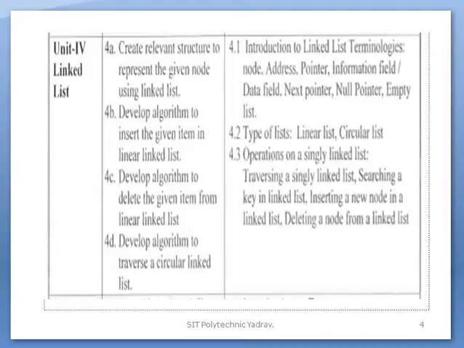Also the operations on a singly linked list: traversing a singly linked list, searching a key, meaning searching an element, inserting a new node and deleting a node, in both cases with respect to 3 positions of nodes. Means what? In the syllabus, only the operations on singly linked list are in detail. Not the operations on doubly linked list and also not the operations on circular linked list.